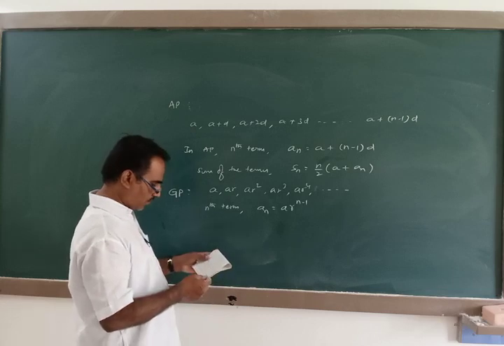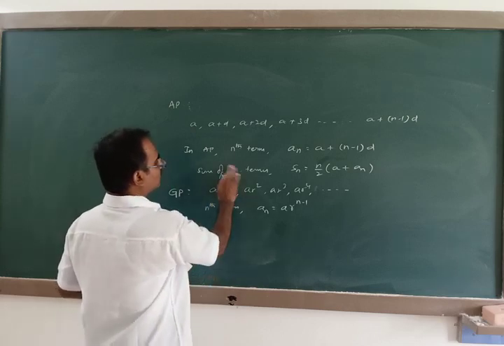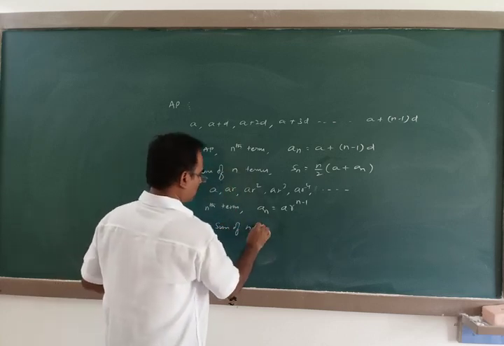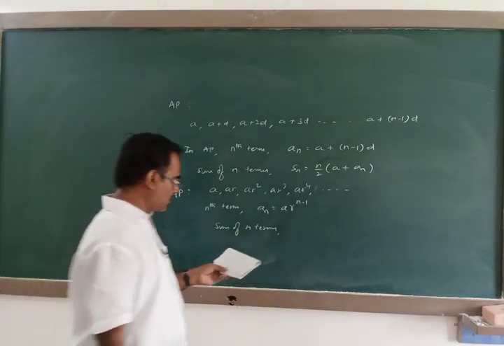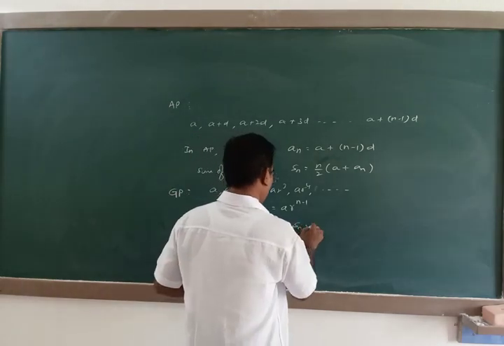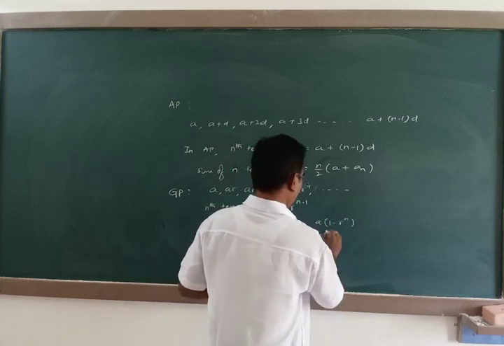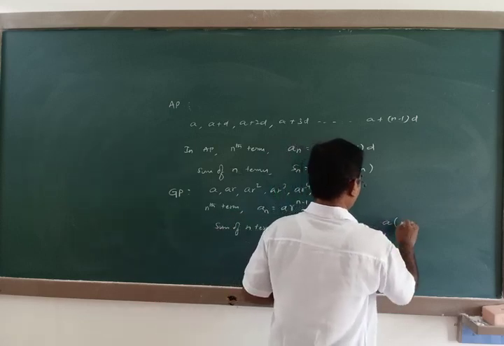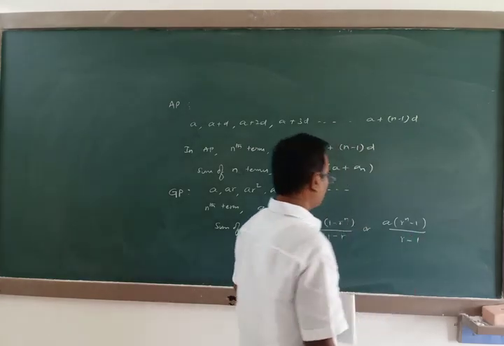Similarly, the sum of n terms in geometric progression is given by Sn is equal to A into 1 minus R power n divided by 1 minus R, or sometimes the terms may change like this.